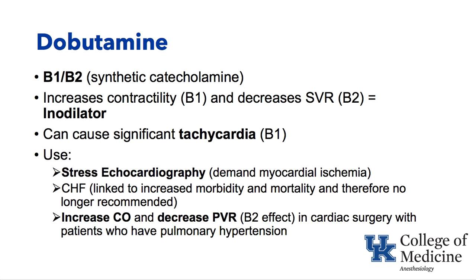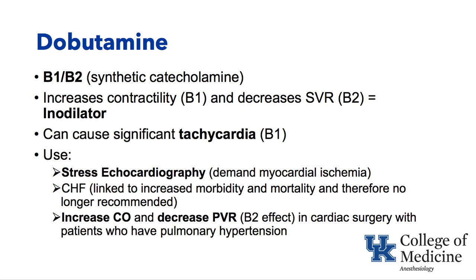Let's compare epinephrine to dobutamine now. Epinephrine has beta 1 and beta 2 effects like dobutamine, but epinephrine also has alpha 1 effects. Dobutamine is beta 1, beta 2, and is a synthetic catecholamine. Via the beta 1 receptor, contractility will go up, and via the beta 2 receptor, systemic vascular resistance will go down because of vasodilation.